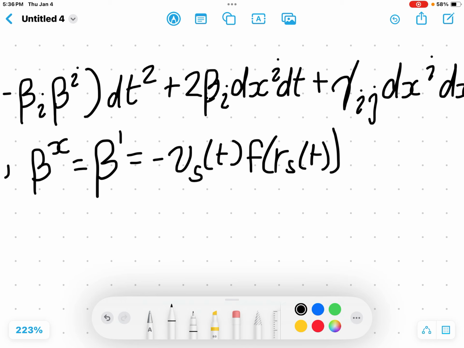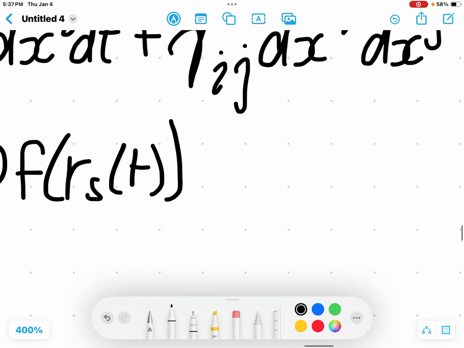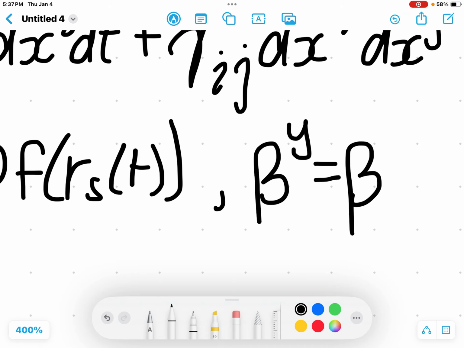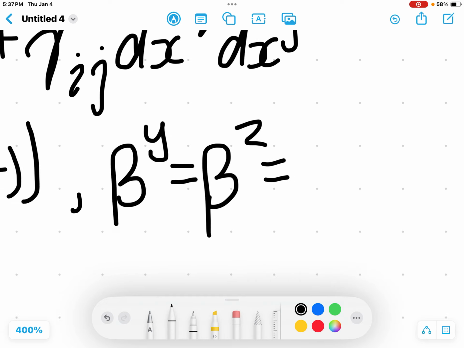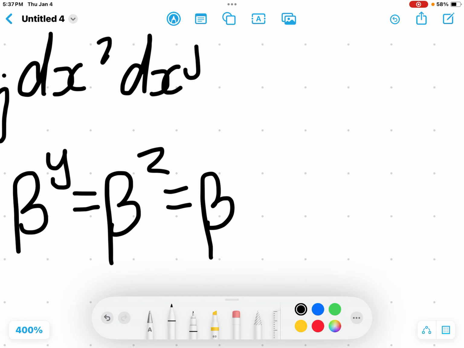So right off the bat, we have three other functions that we want to define, which I will do in a second. The y component of my shift vector, which is beta 2, is actually the same as beta 3, or my z component of my shift vector.